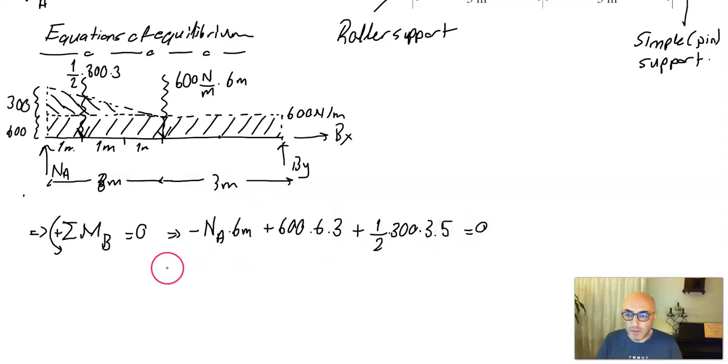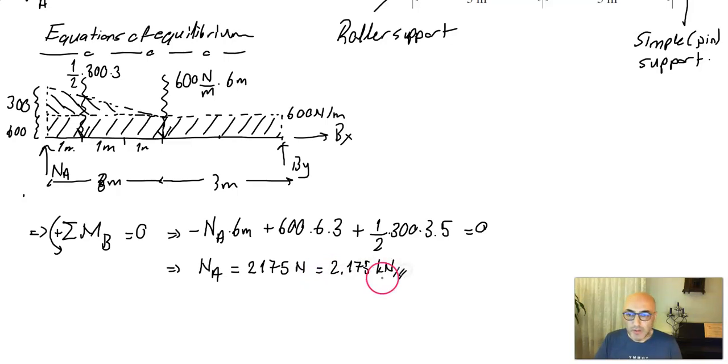So that's 0, and from here we find NA equals 2,175 newtons, and that is equal to 2.175 kilonewtons.